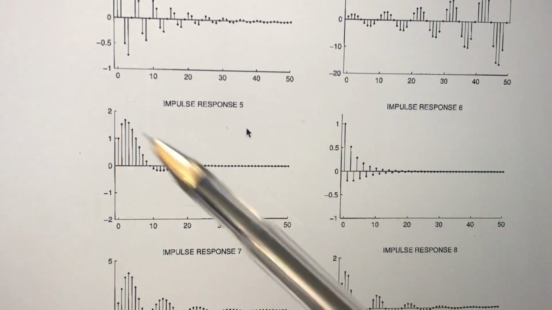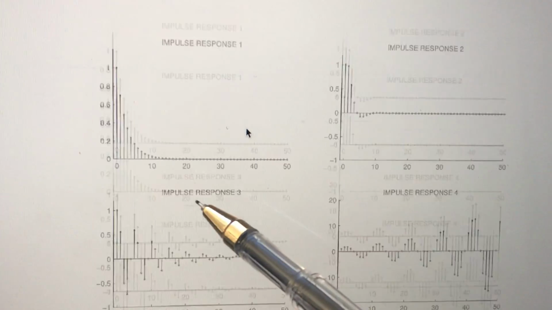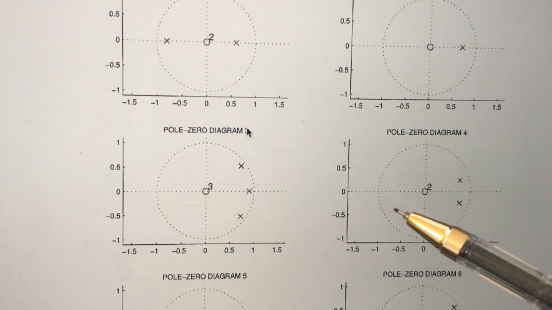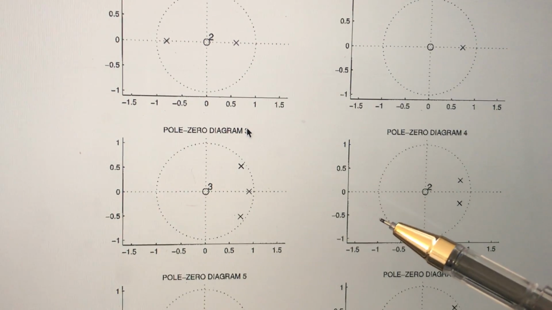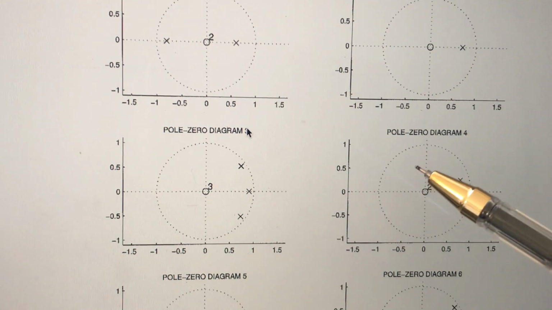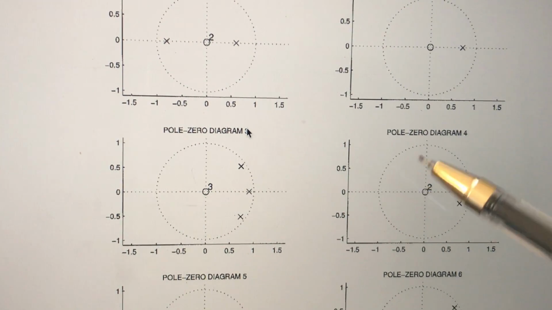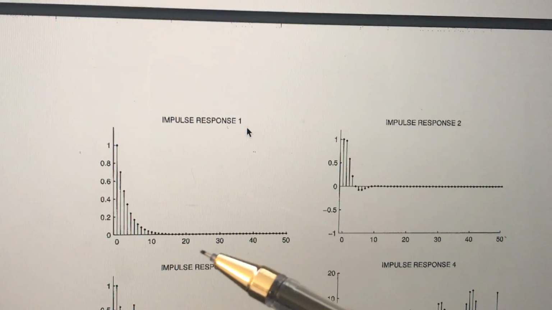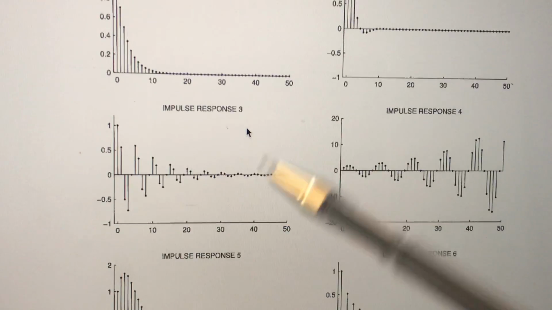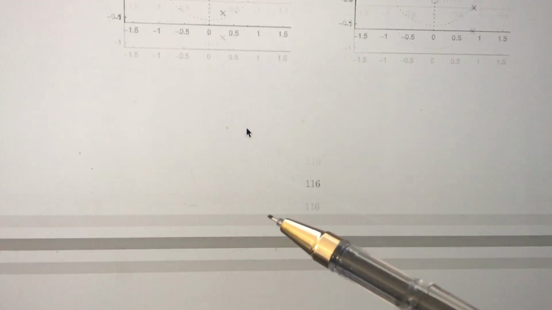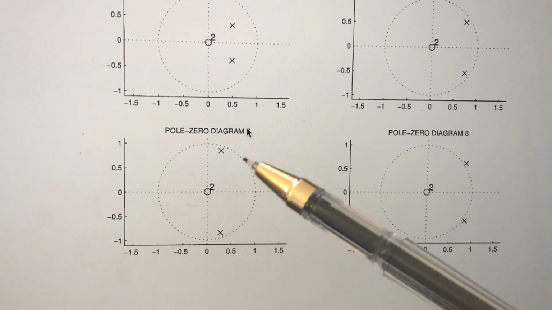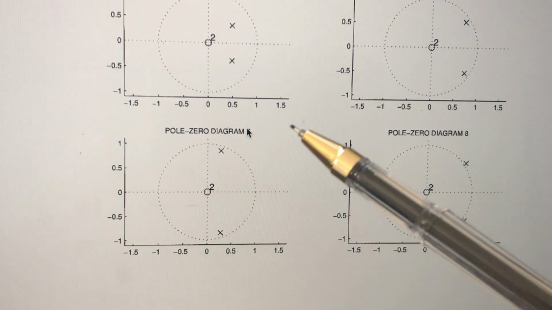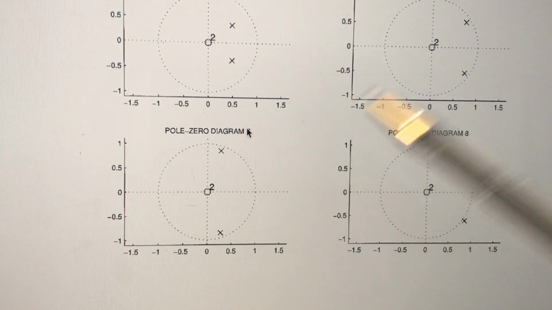So this diagram is matched with diagram 4, with lower frequency but longer period, and diagram 3 is matched with diagram 7, with bigger angle, the frequency, but shorter period.